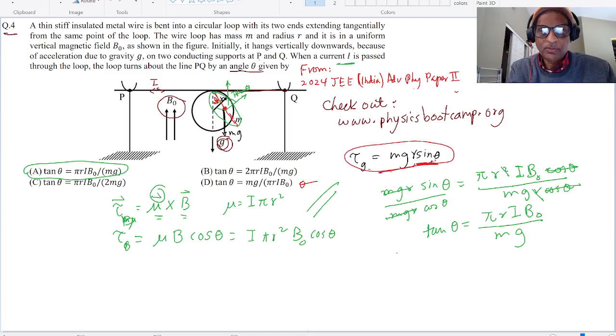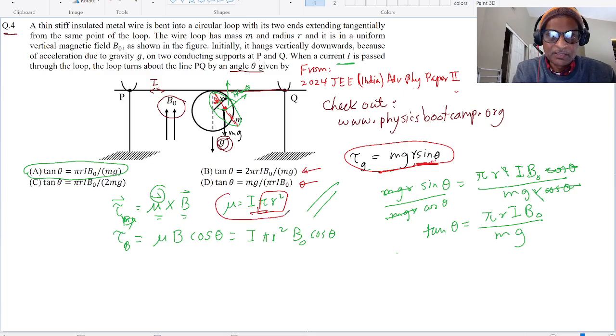Another place I could have made a mistake is, instead of pi r squared, I may have remembered it as 2 pi r or something like that, and then I would have gotten a different answer. So that's another thing being checked: do you remember that the magnetic moment corresponding to a loop of current is the current times the area of the loop?